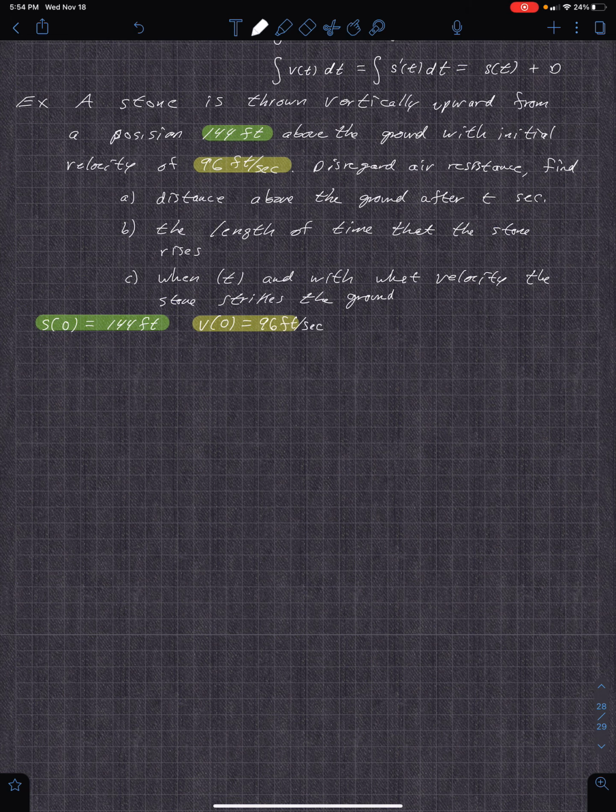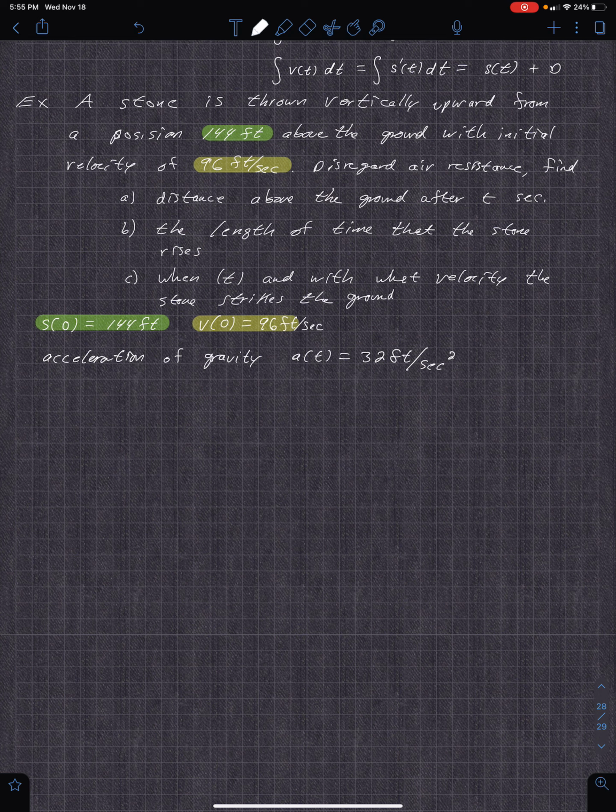Okay, now what we weren't given, but you can look it up, or it was kind of assumed, is the acceleration of gravity at the surface of the Earth at sea level, A of t is 32 feet per second squared.